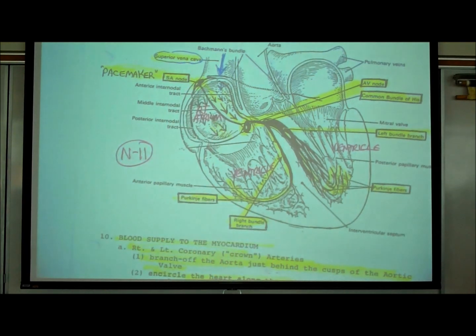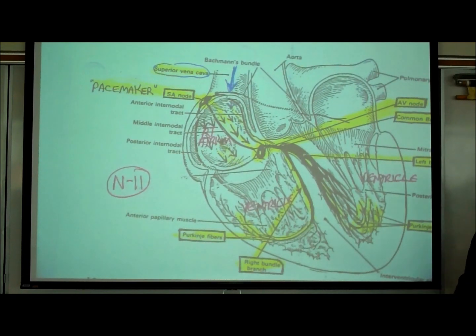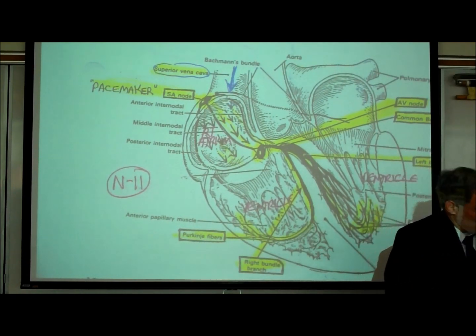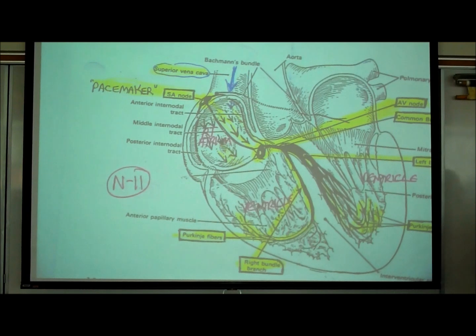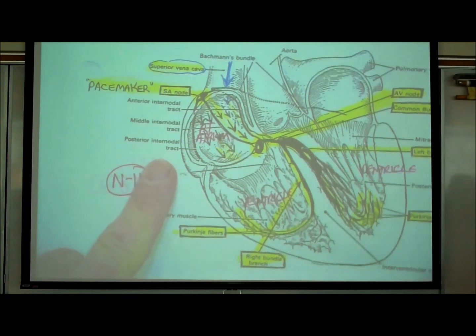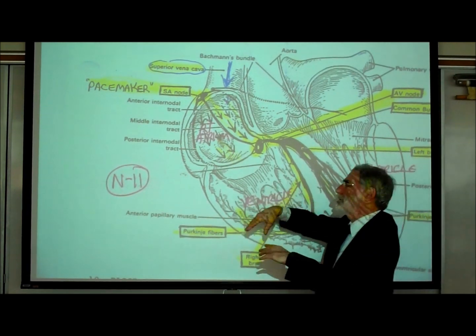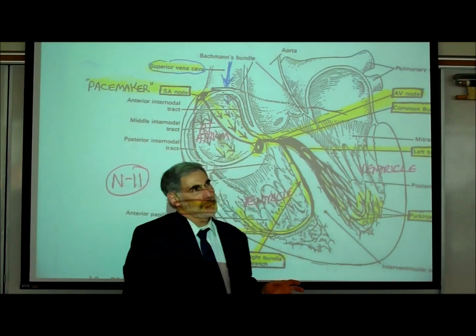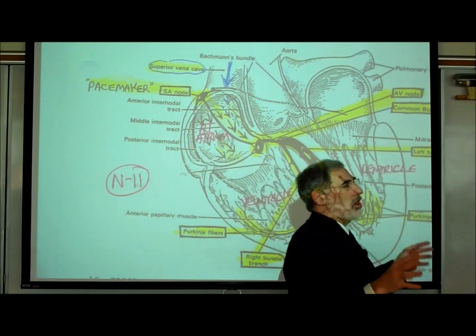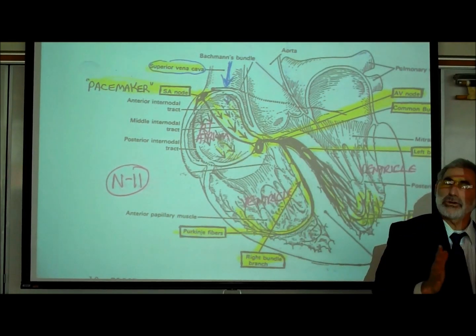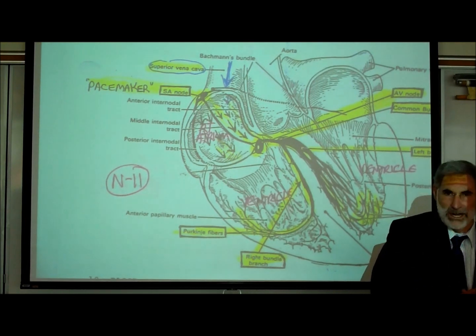The SA node is a collection of specialized heart muscle cells that are designed to generate an electrical current. Now, let me remind you of something we've already learned. We've learned that heart muscle cells are electrically joined together to one another.